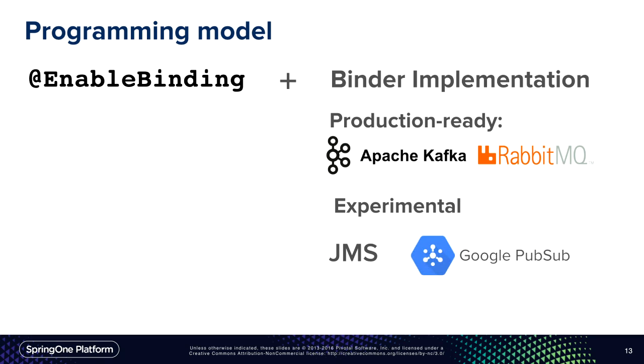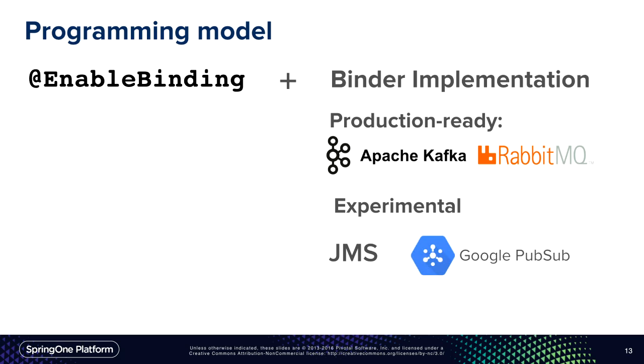The programming model is this. You put enable binding on your application, you add a binder on the class path, and you're good to go. Obviously, you'll have to do something with the messages that come in, but that's your business. There's nothing more to do for communicating with the outside world. That's everything you have to do.